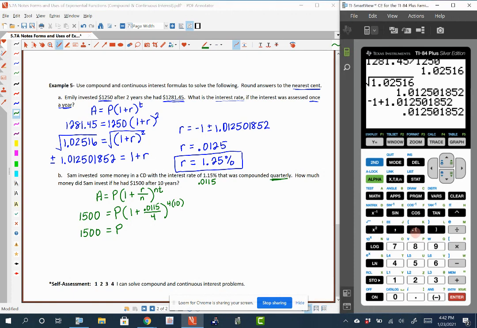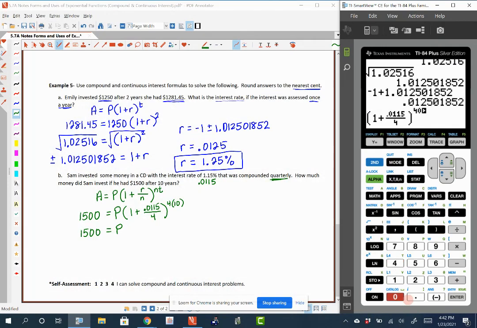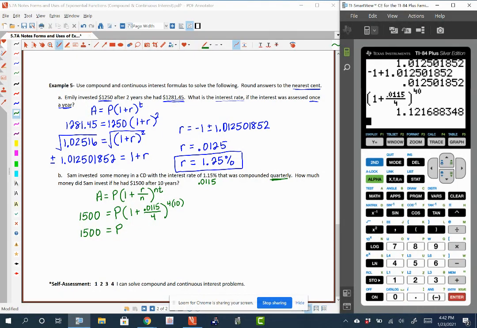So I'm going to go ahead and put parentheses and do 1 plus and put in that fraction, 0.0115, and we're dividing that quarterly, so by 4. And we're going to do this for 40 total payments here, 4 times 10 years. So I'm not shocked that I have this big decimal.